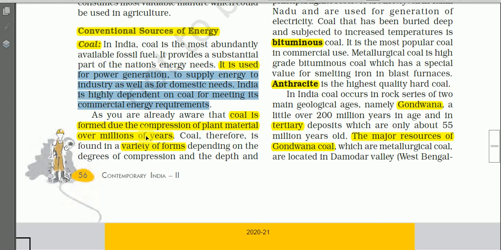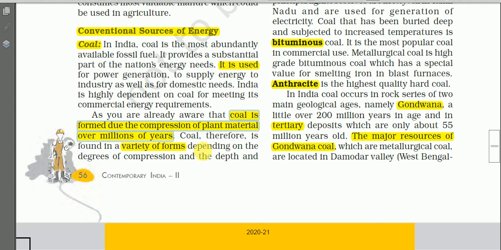And about the formation of coal, we have learned earlier, coal is formed due to the compression of plant materials over millions of years in the earth's interior. When plants and trees are buried in the earth's interior, they are compressed under high pressure and temperature, and after that coal is formed.